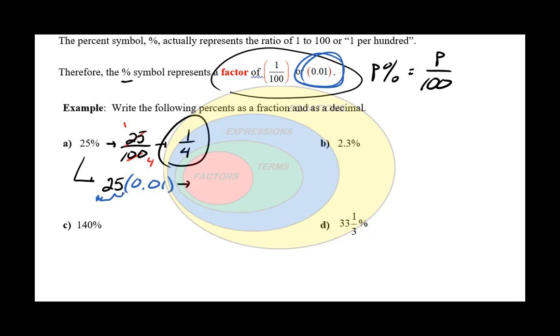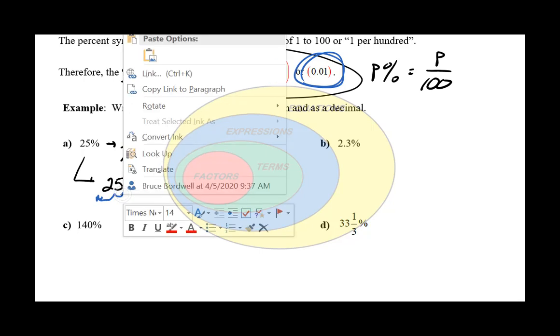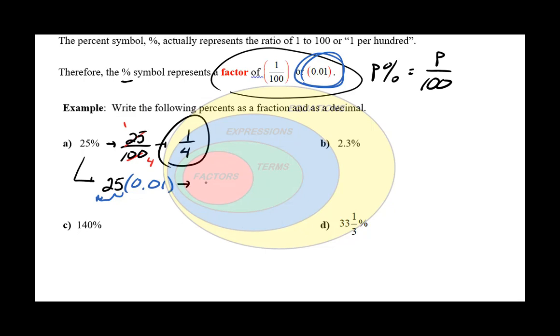So if I have 25, the decimal starts at the end. If I move it to the left, it'd be 0.25. And again, I think that's a common factor and decimal that we're used to. So I'm just going to use this technique for the rest of these.